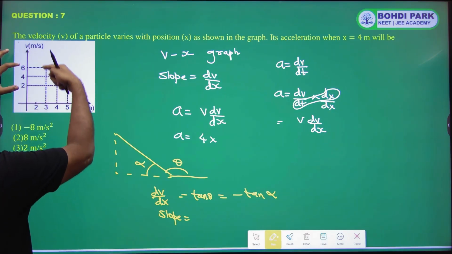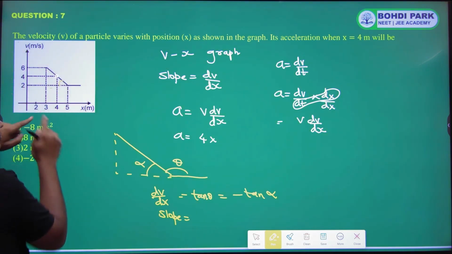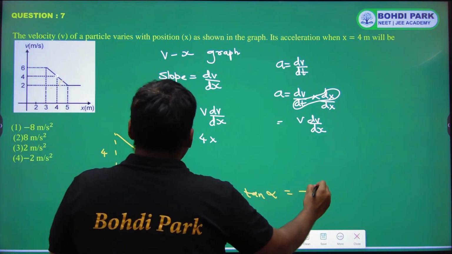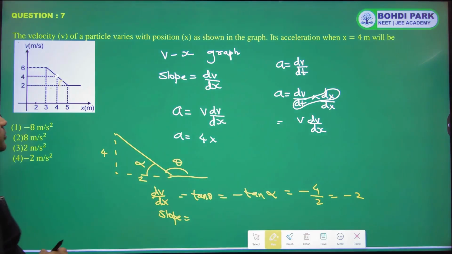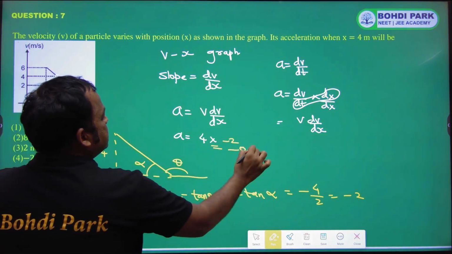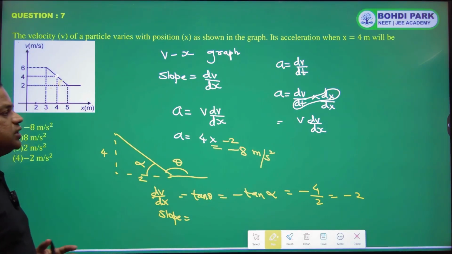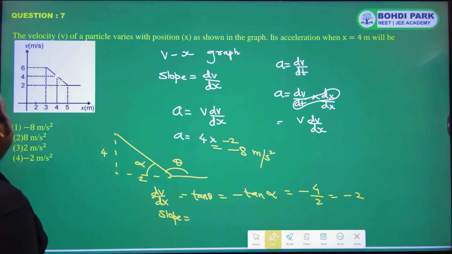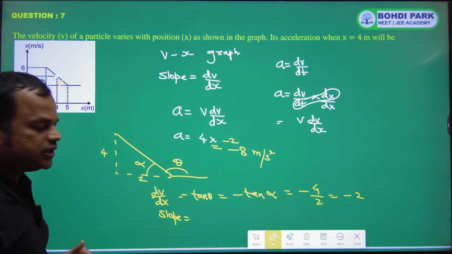So tan alpha will be opposite 4 by adjacent 2. So dv by dx is equal to minus 4 by 2, that is equal to minus 2. So acceleration is equal to 4 into minus 2. So the answer is minus 8 meter per second square. This type of question is very important and tricky also. So first option. Okay, finish. Now next question.